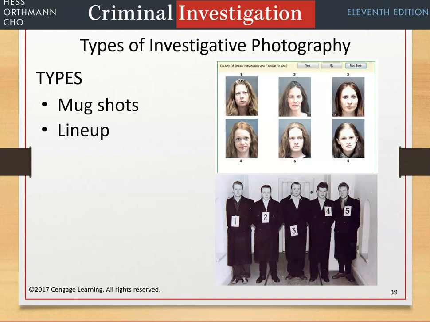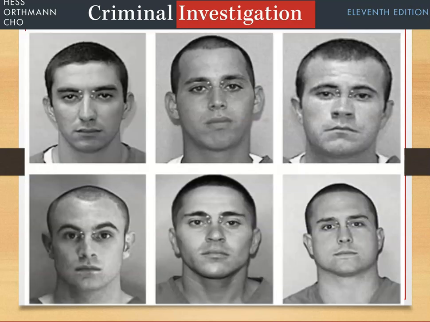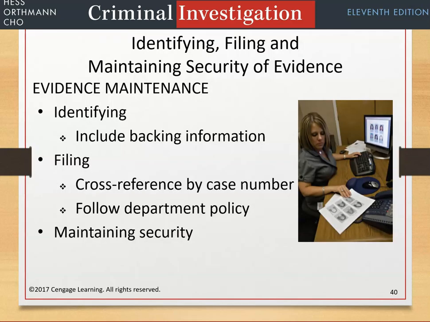Sometimes we even do live lineups. And here's an example of a photographic lineup called a six-pack. So that's just something else for us to consider as it relates to photographs.